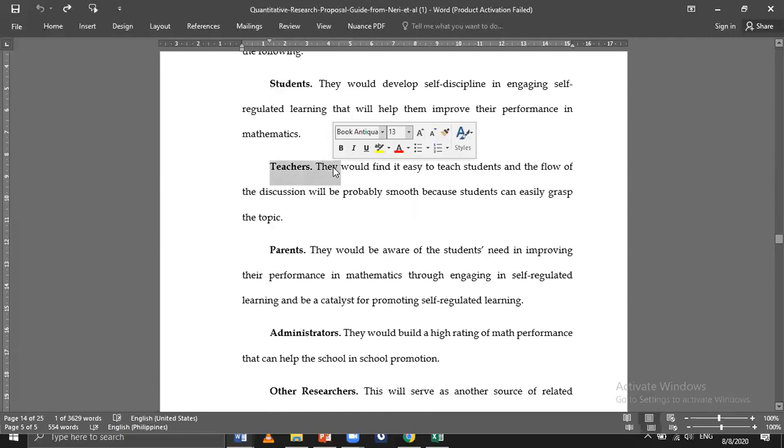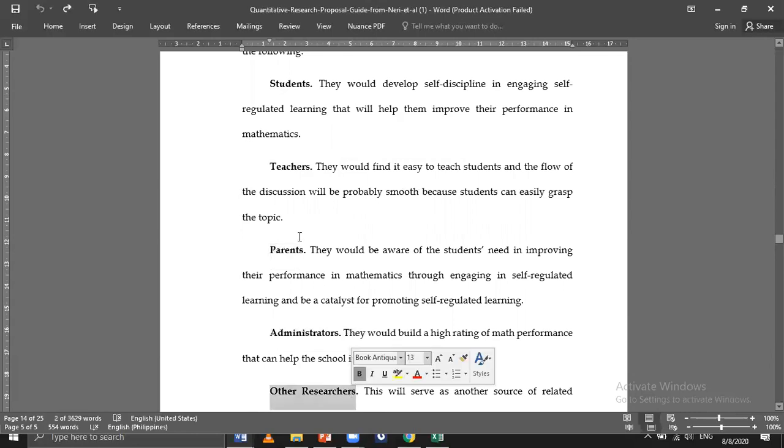Teachers would also benefit because they would find it easy to teach students and the flow of the discussion will probably be smooth because students can easily grasp the topic. Parents, administrators, and other researchers as well.